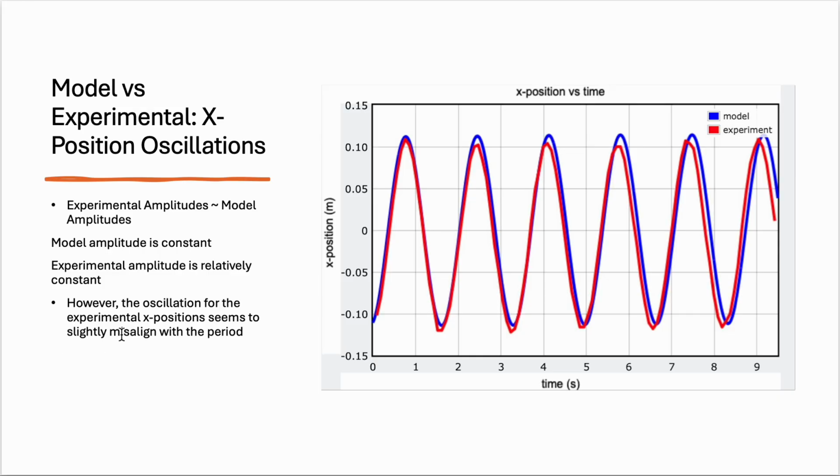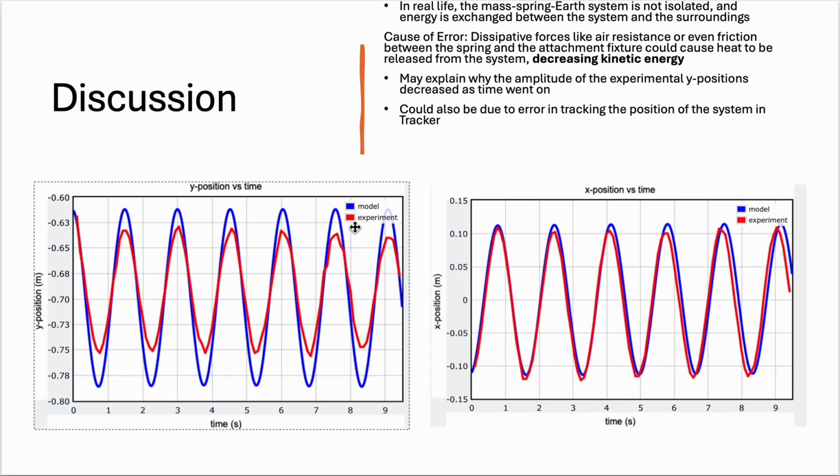So for x position oscillations, it's pretty much the same with amplitude. It's relatively consistent the whole way through. However, you can see that here the curve starts to get misaligned, which is a bit weird, but happens.